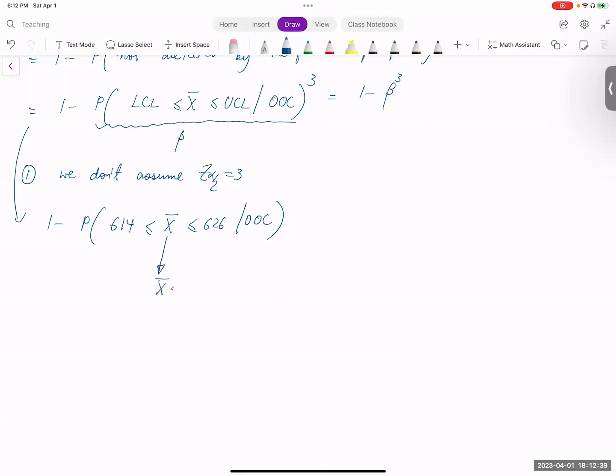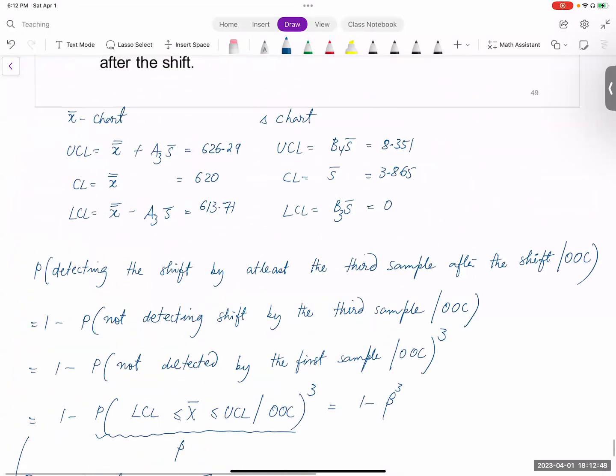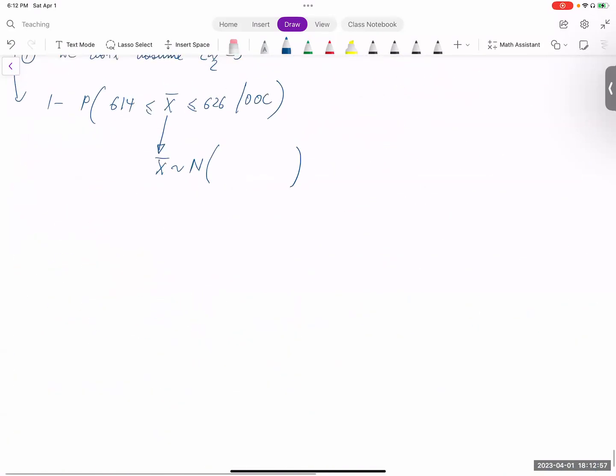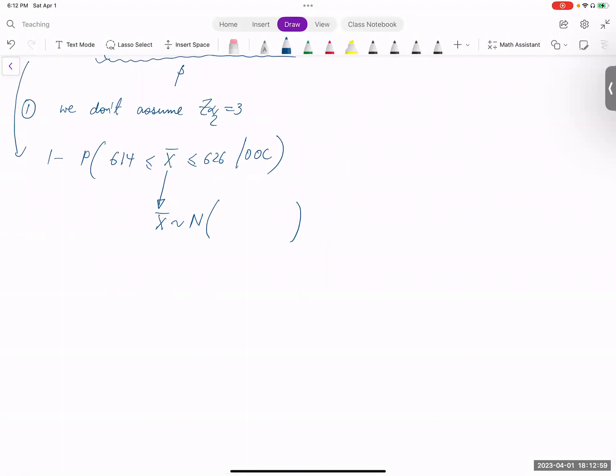X bar follows a normal distribution with some mean and some variance. And this is very, very critical. The process is out of control. The true process mean was the central line, which is 620. But since the process mean has shifted to 610, now your mean is 610 and your standard deviation is sigma over square root of n, which is 4 divided by 2, which is 2.